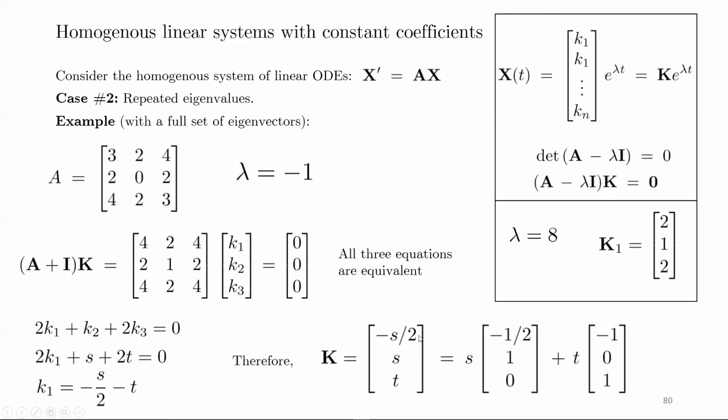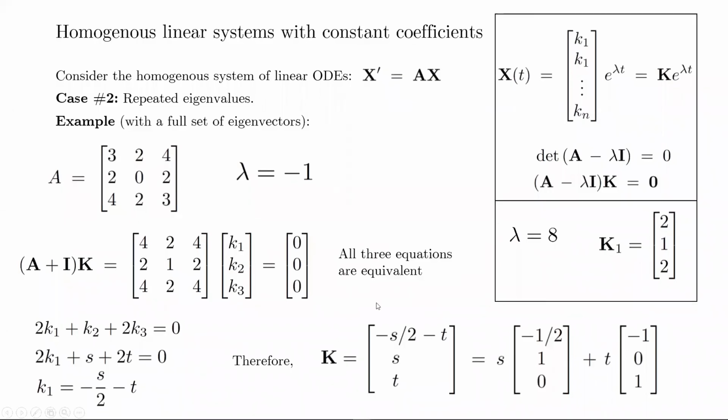Yes, I'm missing a negative t in here, so let me fix that. Okay, so I just fixed that now. So I basically have a part that has a relation with s and a part with t.